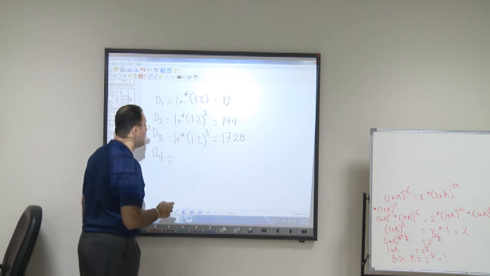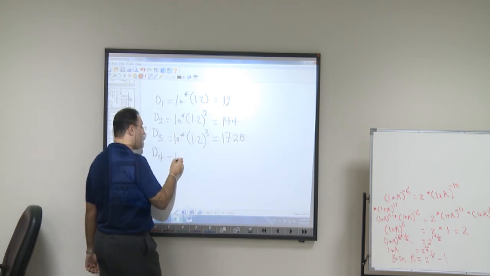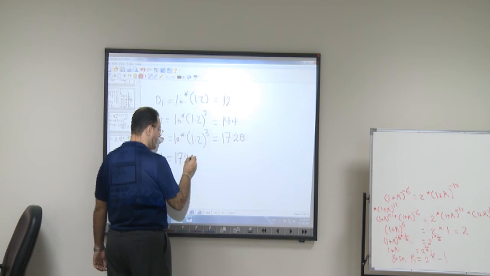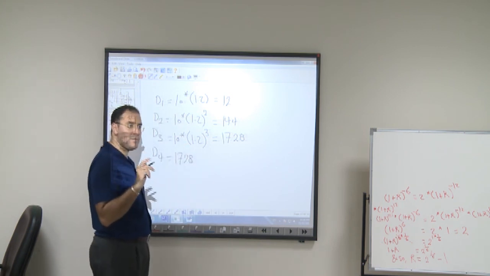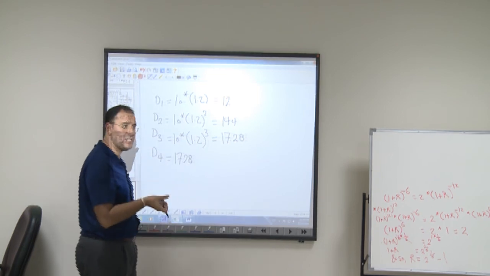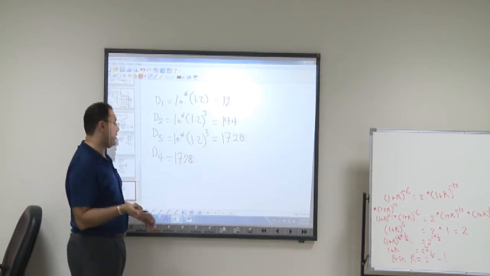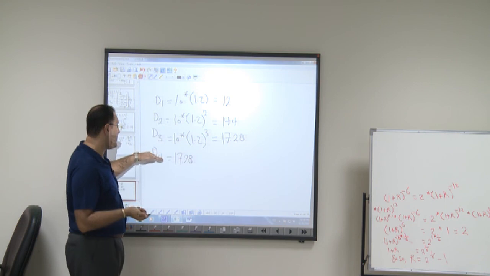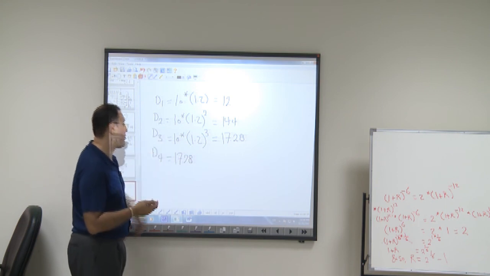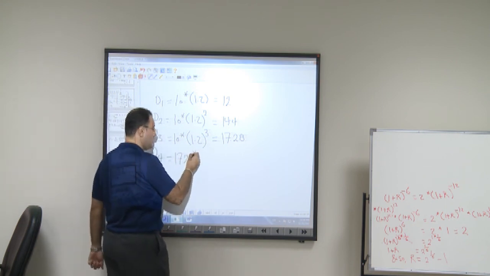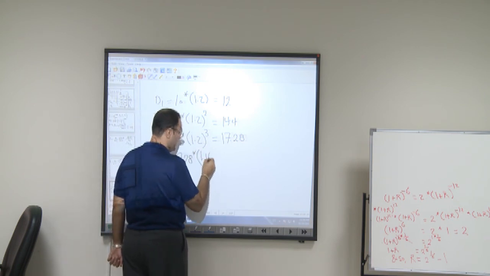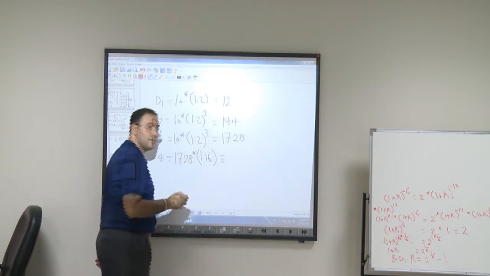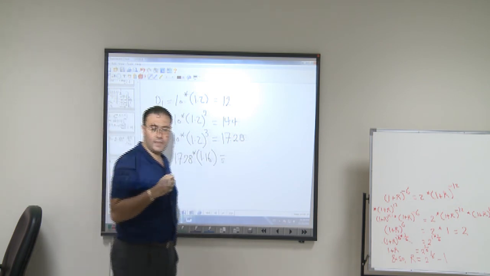What about D4? Well, it's going to be based on the 17.28, because the growth is not going to be the same now. The growth is going down from 20% to 16%. So we take the third dividend and multiply it by the new growth, 1 plus 16%, which is 1.16. And the answer is going to be how much?